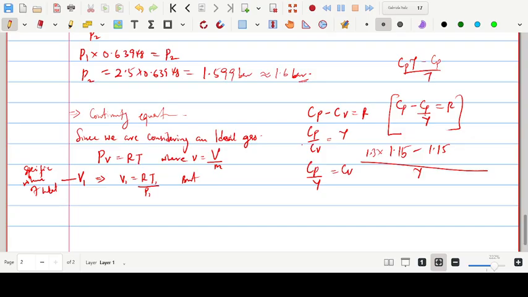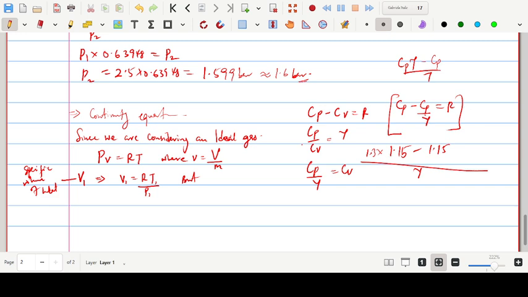So here I can now have 1.3 multiplied by 1.15 minus 1.15, then divided by 1.3.